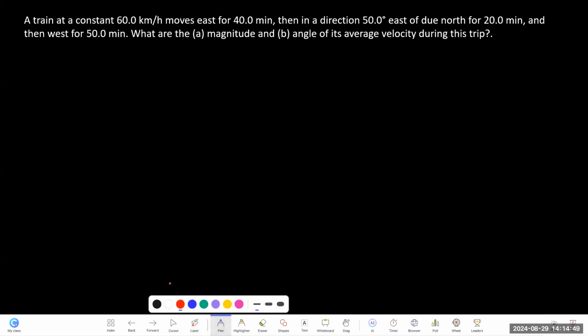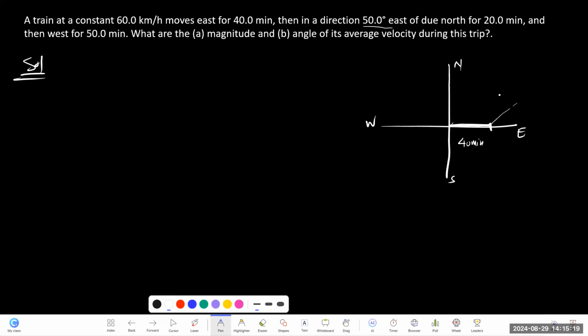This problem is saying the train is moving east. The train is moving this way, right? And for how long? 40 minutes. Then it makes an angle of 50 degrees east of north. 50 degrees east of north means making the angle from here.